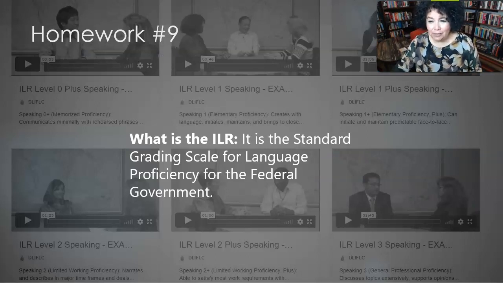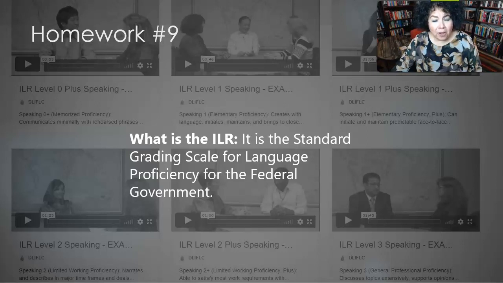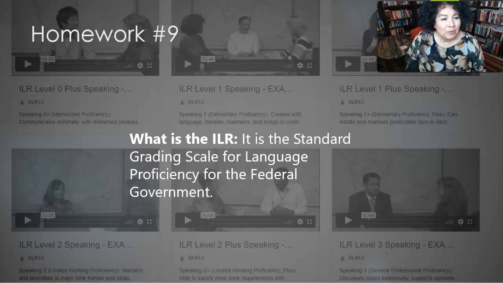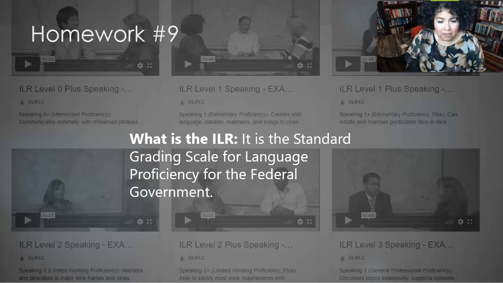This might look familiar to some of you if you took my BA 130 class. Some of the students in the past have taken this assessment because there is an interest in working in the federal government. So why are we even talking about the federal government? I want you to have a very wide perspective of options and to be open to exploring all options available out there, especially for those of you that are incredibly fluent.